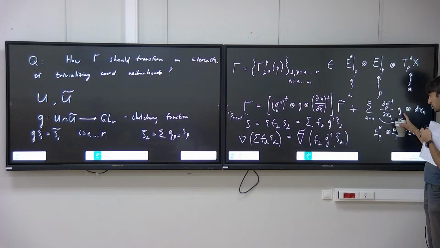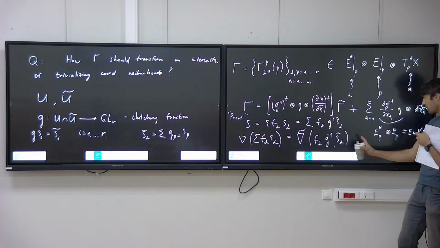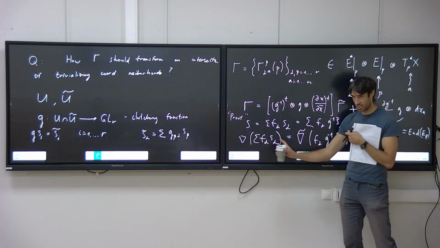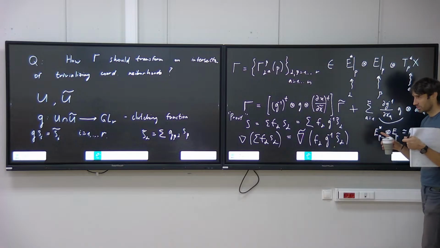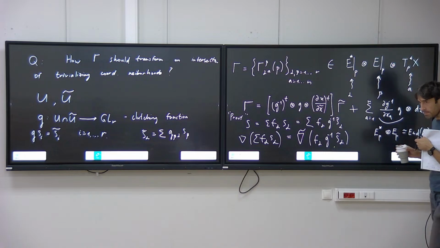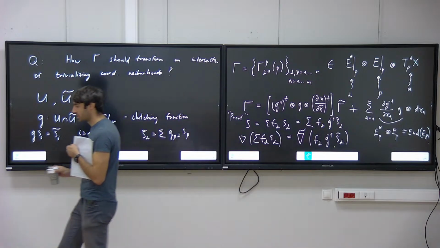And then this additional G is because I need to go back from S tildes to S to compare both sides. So I need to compare it in the same basis, right? So this is a term by term, coefficient to coefficient comparison in the same basis. Yeah, that's what's going on.